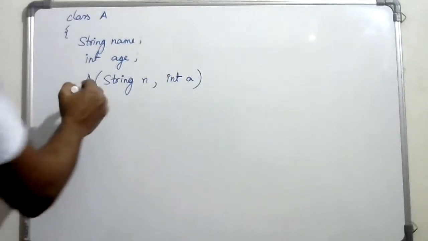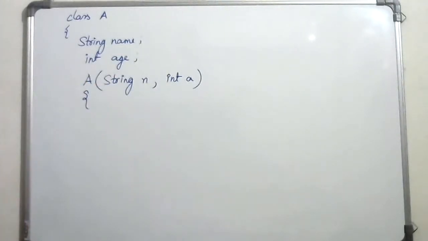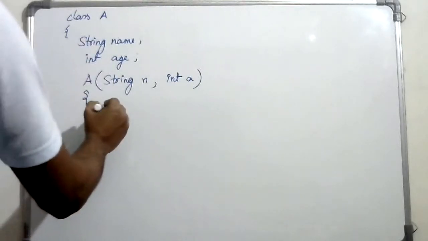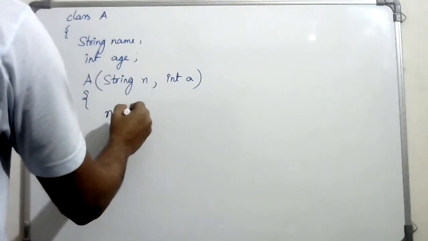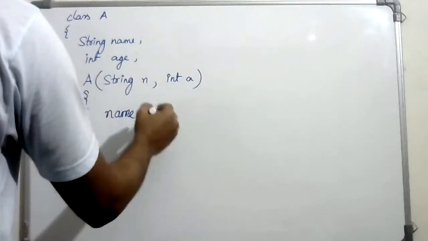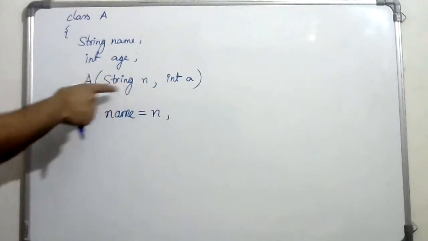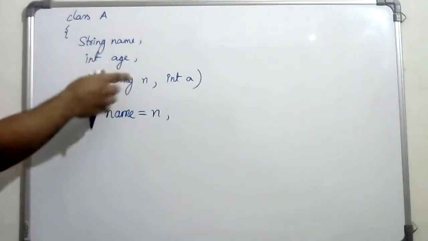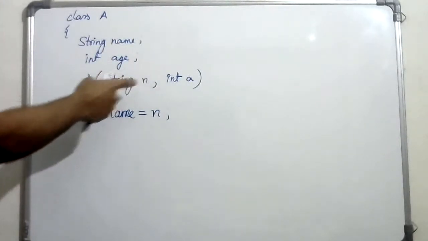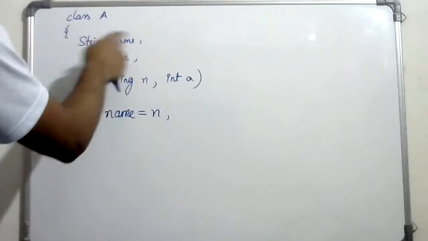Inside the constructor, we will do name is equal to n. So, just matching the data types, the first one is a string parameter which corresponds to the string name.